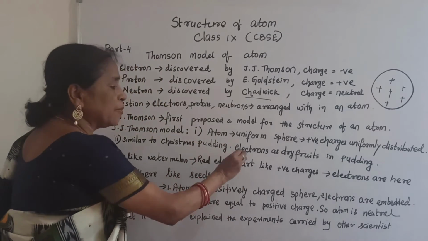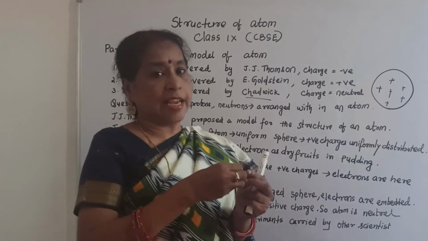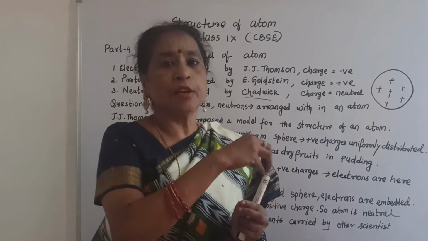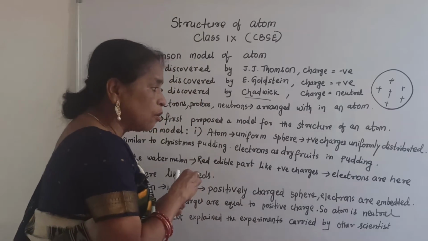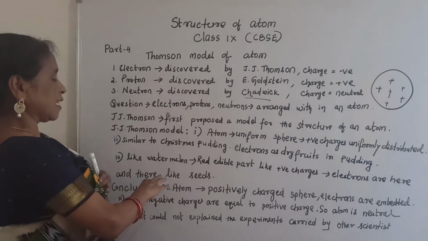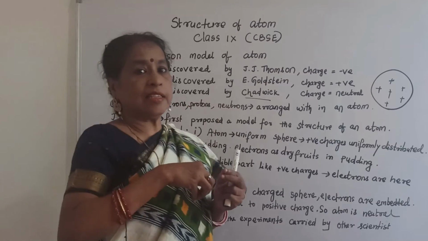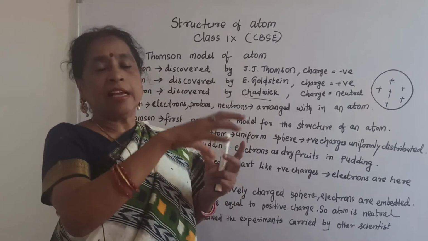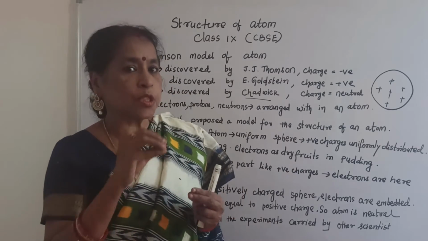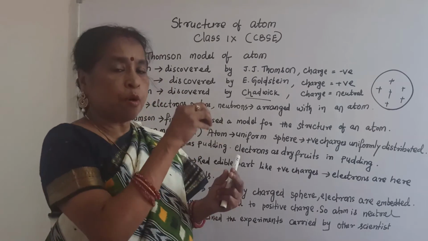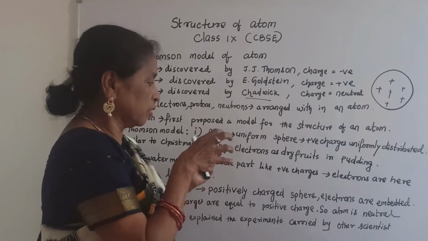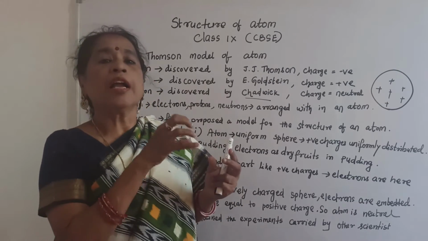The red edible part is equivalent to positive charges, uniformly distributed. And the seeds are arranged here and there, that means electrons are arranged here and there. Electrons are compared to the seeds of the watermelon, and positive charges, that is protons, are equivalent to the edible part of the watermelon.